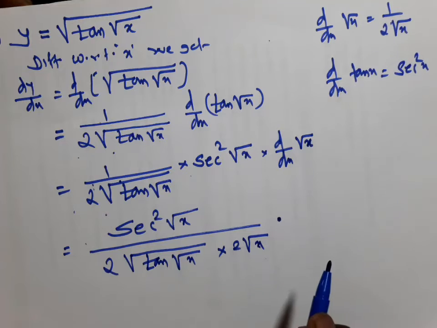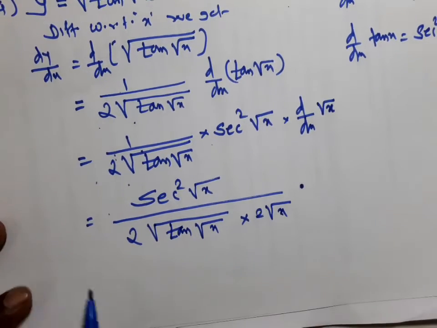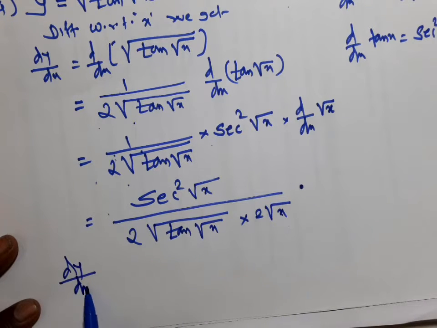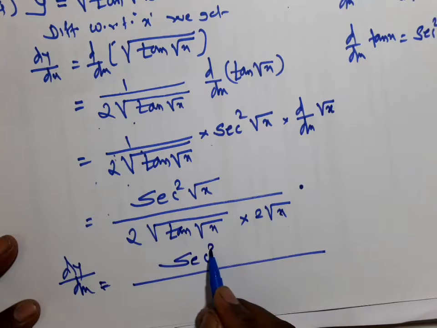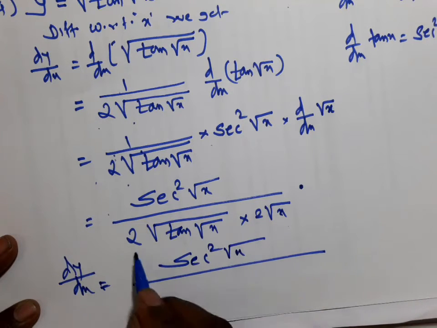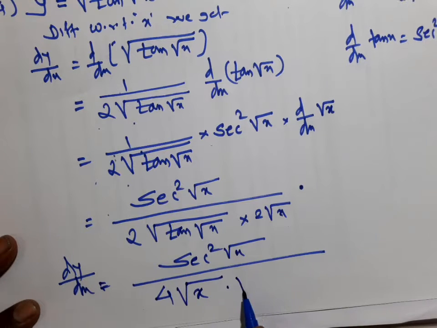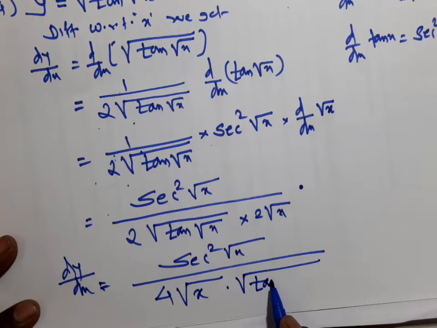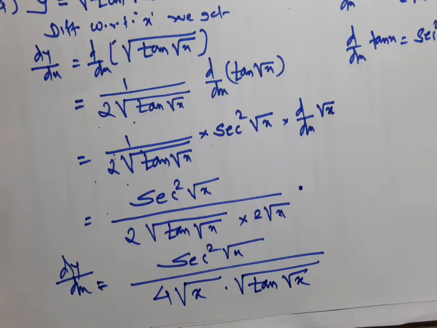But the derivative of x is 1. So the final answer is dy by dx is equal to sec square root x upon, 2 twos are 4, root x into root tan of root x. Got it? So be careful.